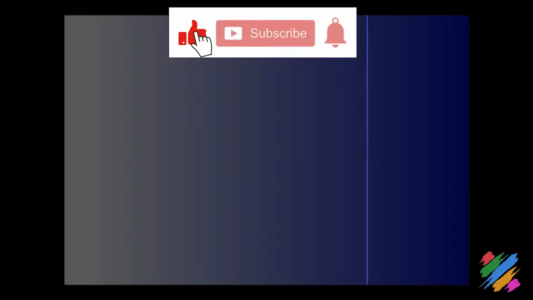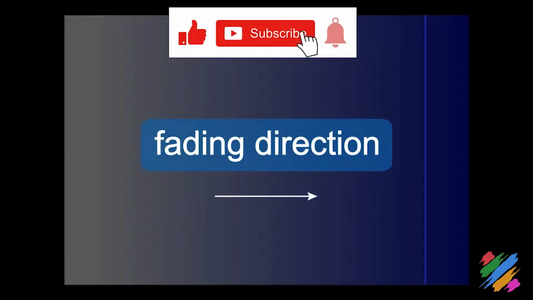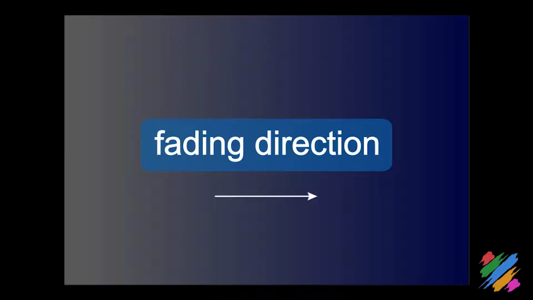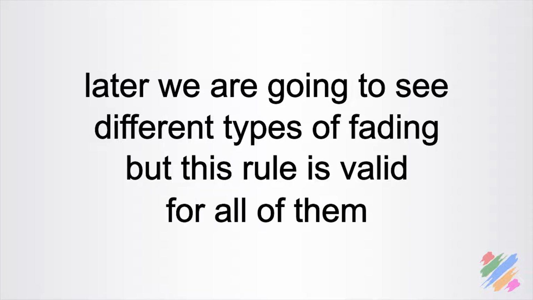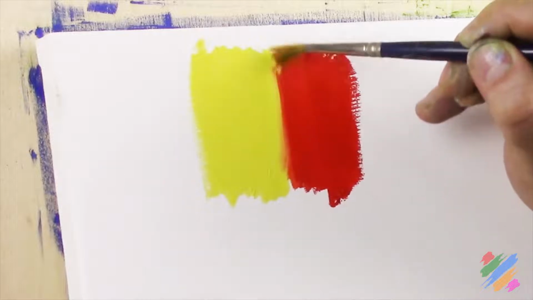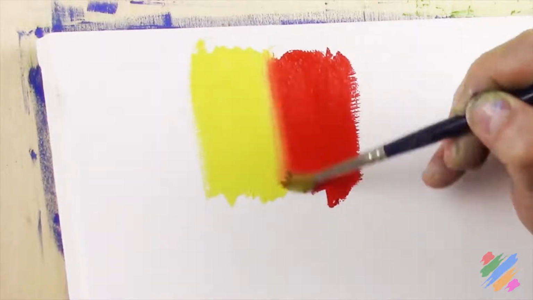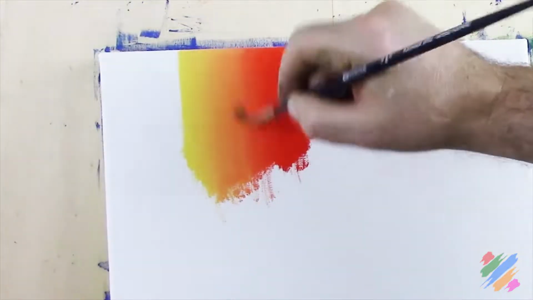From now on, we're going to call these fading lines. And something that we have to notice is that they are all perpendicular to the fading direction. And this is a general rule. Later we're going to see different types of fading, but this rule is valid for all of them. And it's very important that we keep it in mind because it's the base to fade colors while we are painting.